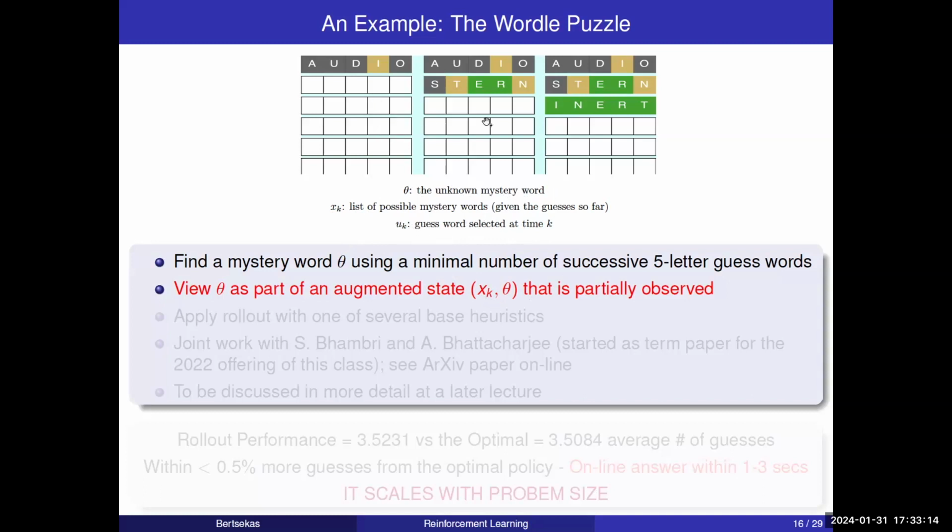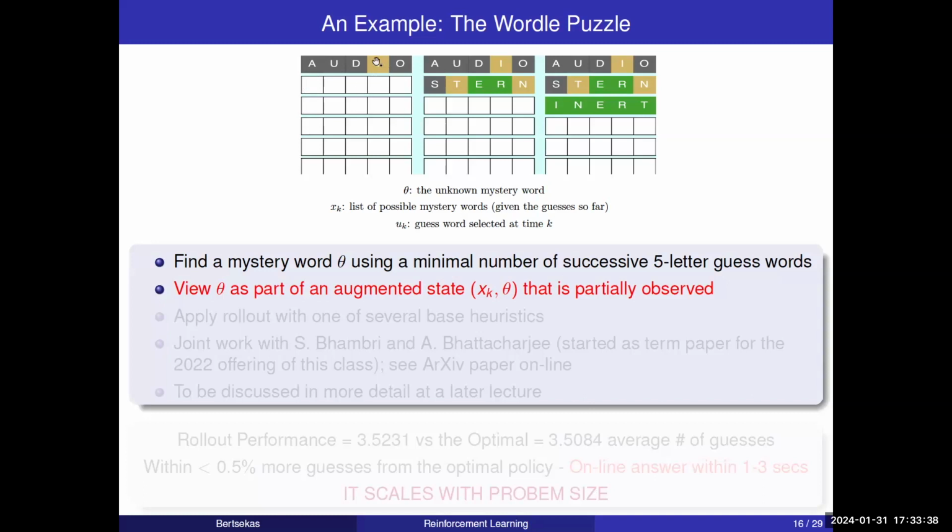And just to make things more clear, particularly since we have people in the audience who are not familiar with this game, suppose that the mystery word chosen is this one here, inert, okay? And you make a first guess, audio. Then you get a response from this.